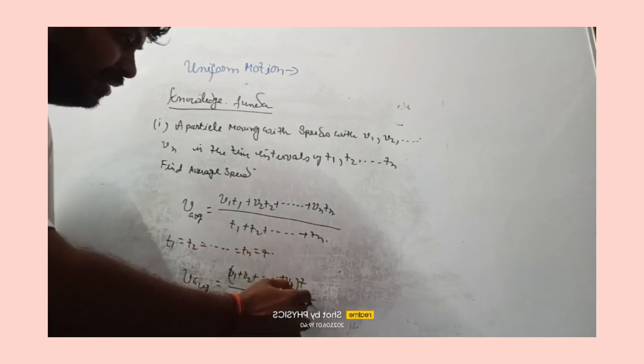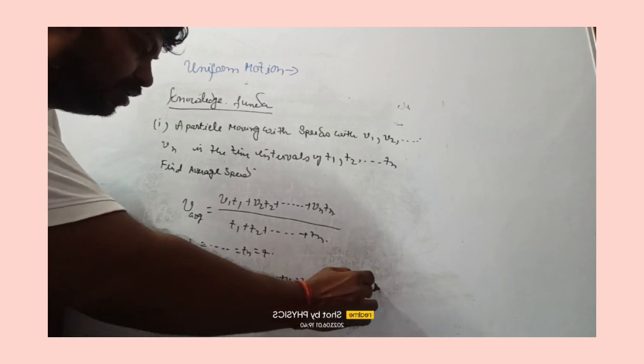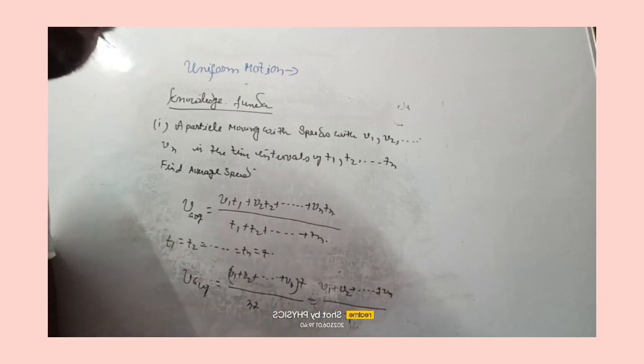So we have V average equals V1 plus V2 plus dot dot dot plus Vn by n.